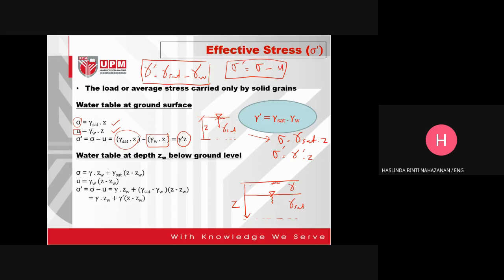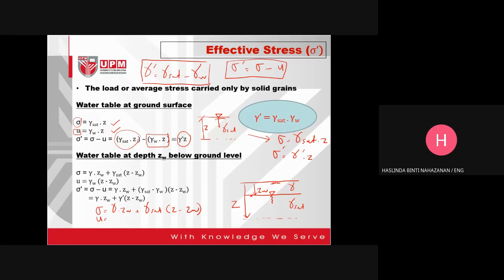So from here to here, you have total stress equals gamma times ZW, plus gamma saturated times Z minus ZW. Let's say this is ZW. So that is total stress.